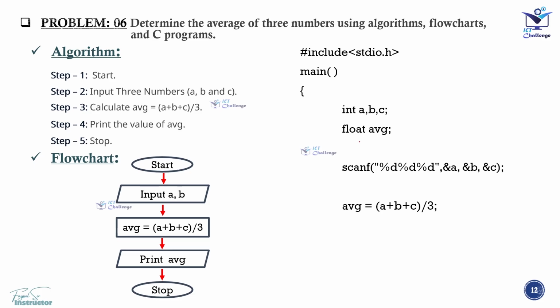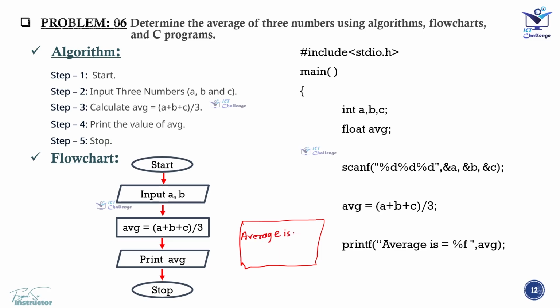Average is in float format, which means avg will keep the value in fractional format. So here is printf, with the words we want in our result. The output should be written like this: average is, then equal, because we write the equal sign inside it also.